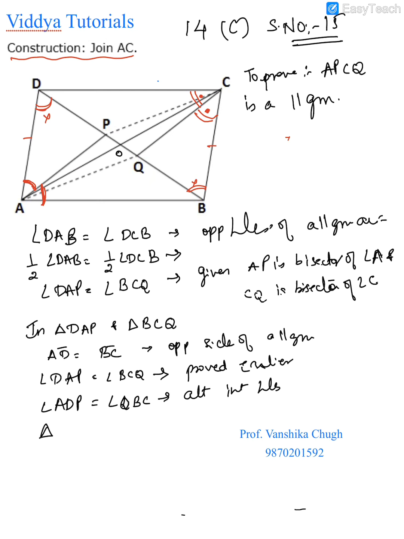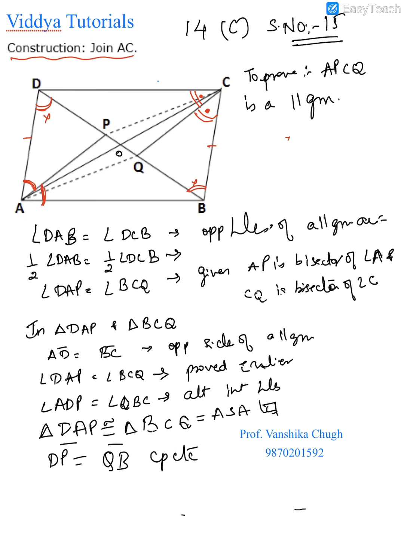So therefore triangle DAP is congruent to triangle BCQ by ASA test. Because of this, I get my DP is equal to QB, which is CPCTC.